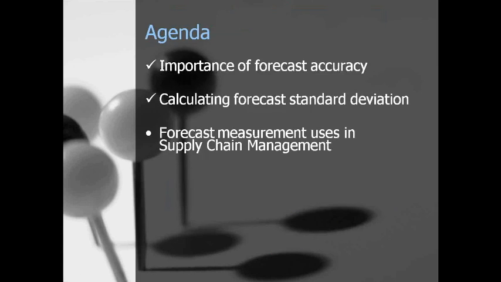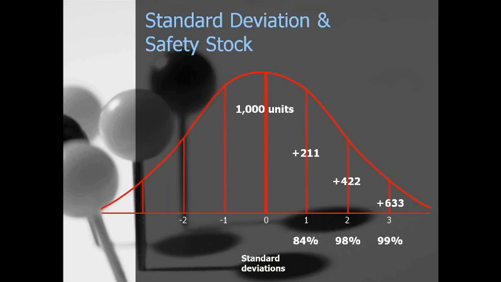So we can use the standard deviation tool both to tell us how much safety stock to have, and we can also use it as a driver to motivate management, motivate sales and marketing to continue to improve their forecasting techniques, because the better their forecast is compared to what we're actually doing, the smaller the standard deviation is, the less safety stock we have to have.